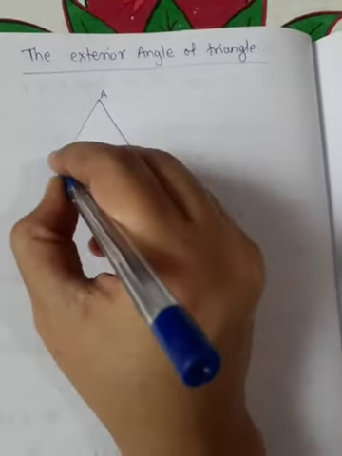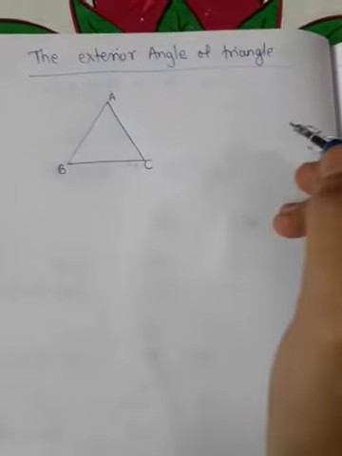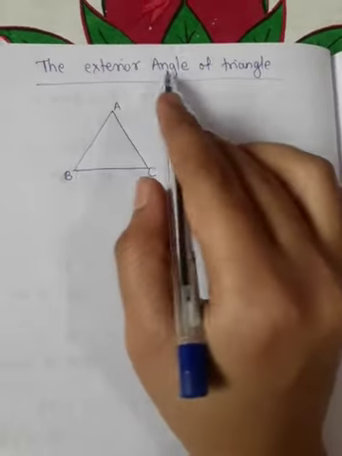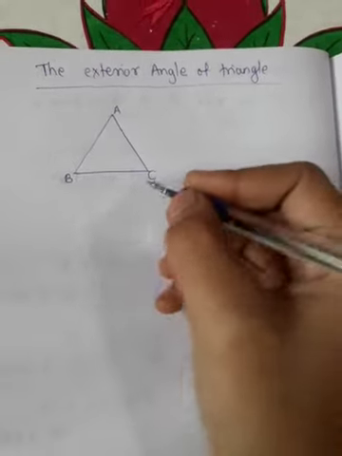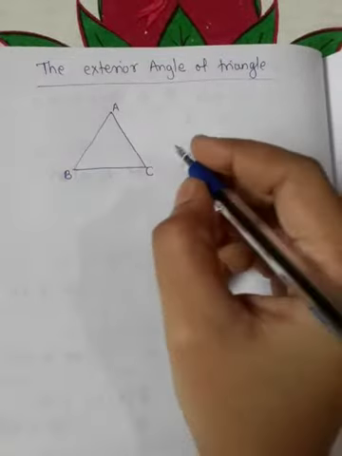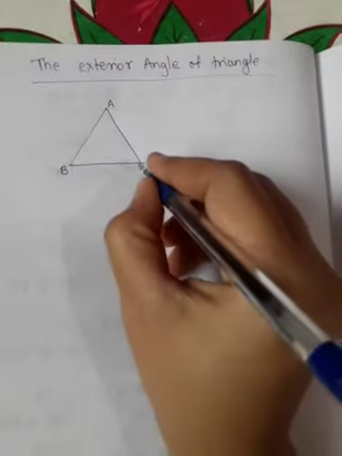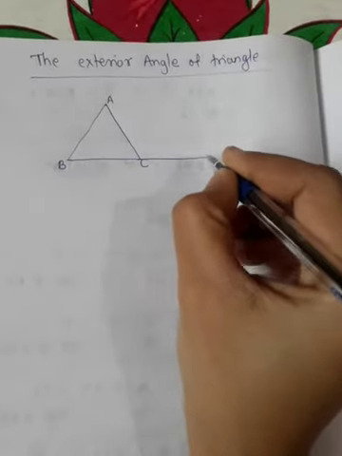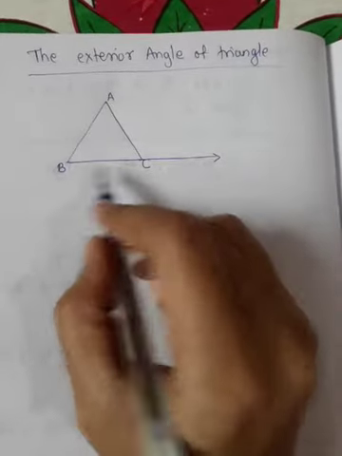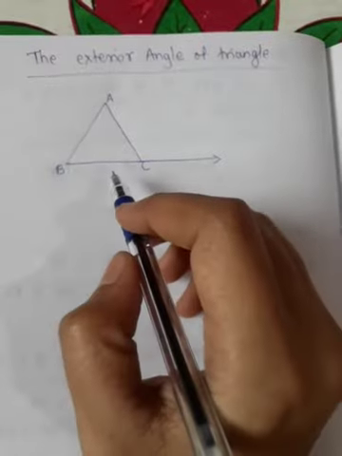ABC. Now, exterior angle. Suppose we extend the side BC of triangle ABC.